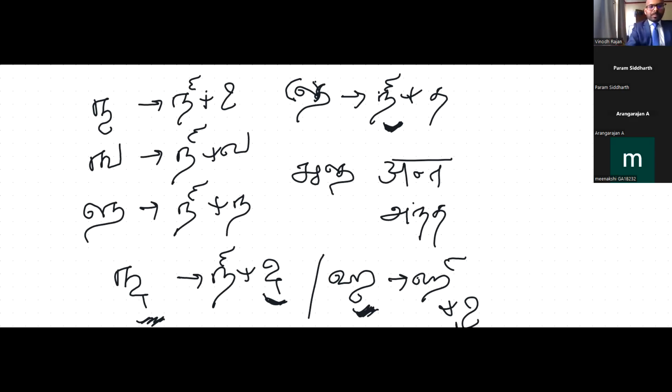Again, that's a common rule. And we'll go to the special forms, right? So r and ya are special for obvious reasons, right? So r, when it comes after a consonant, has a beautiful form. So this is k, this is kr, right?